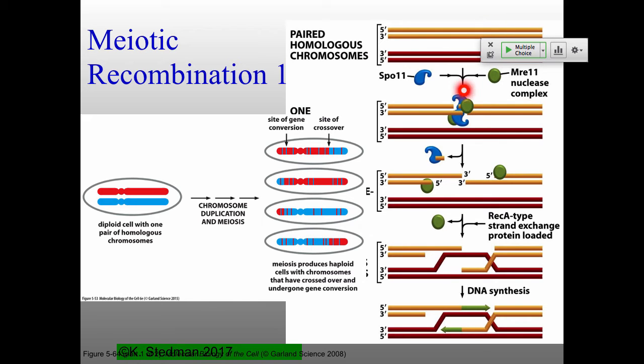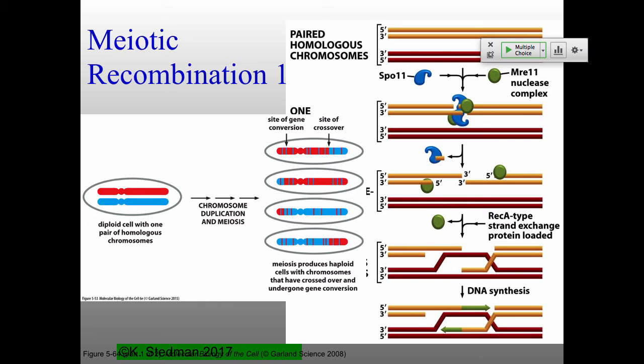You have an endonuclease, SPO11, that gets together with some other endonucleases, because they're cutting the middle of the DNA. That then gives you a double-stranded break. These ends get chewed back by exonucleases. You have strand invasion, base pairing, and DNA synthesis that happens.